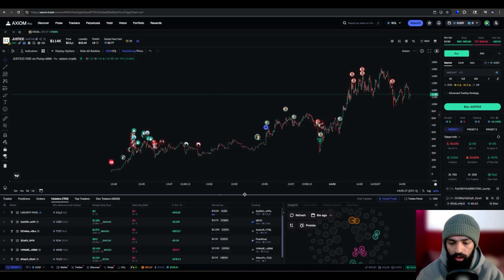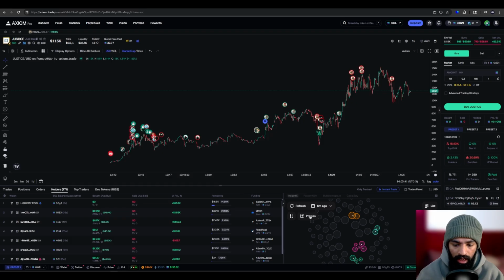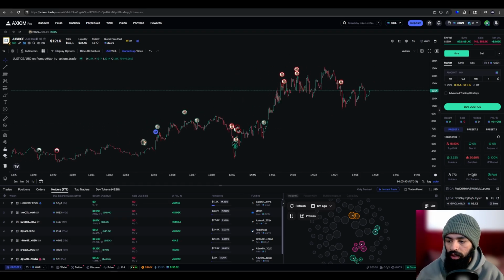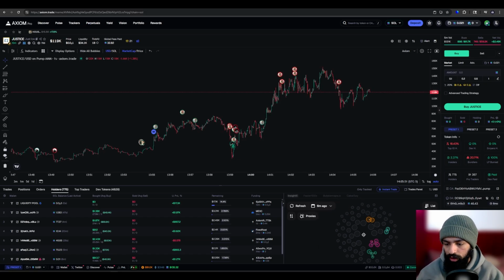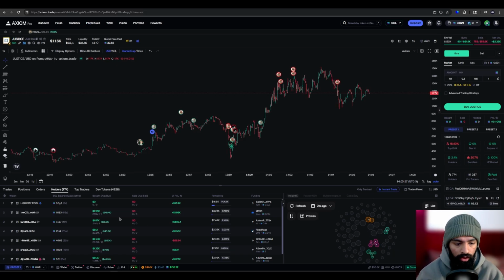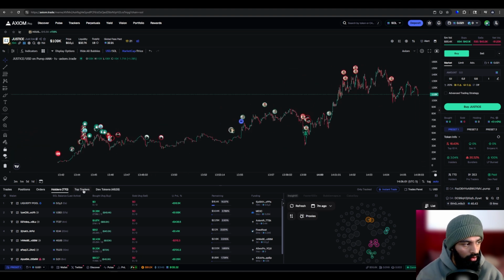So that's a really good feature you could use to tell if this coin is bundled or not. Sometimes it doesn't show up in the bundler percentage, but you could obviously tell from the funding. So that's very important as well. And the bubble map usually gives you a good visual look at how the holders are looking. So again, two really useful features that you could use to track down the coin and its holders.